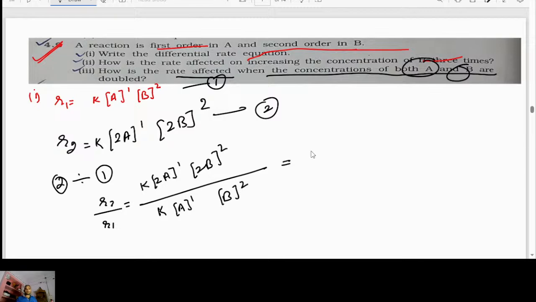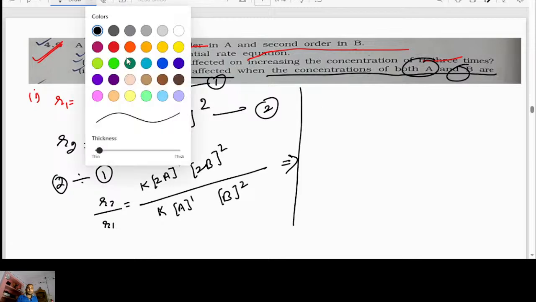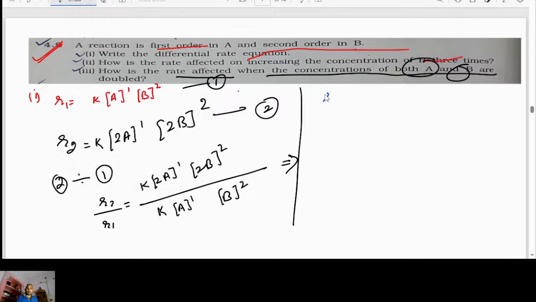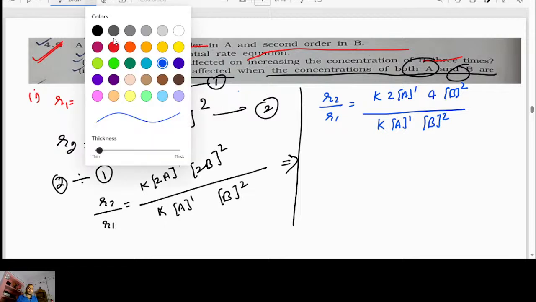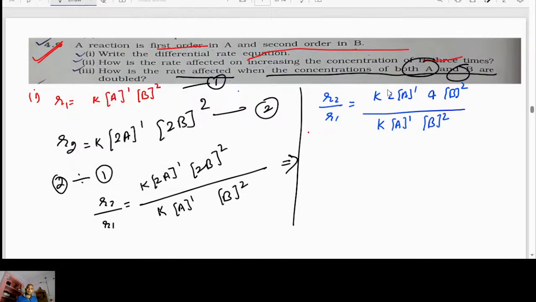Simplifying, 2 twos are 4, B power 2. The common things cancel out: k, A1, B square.